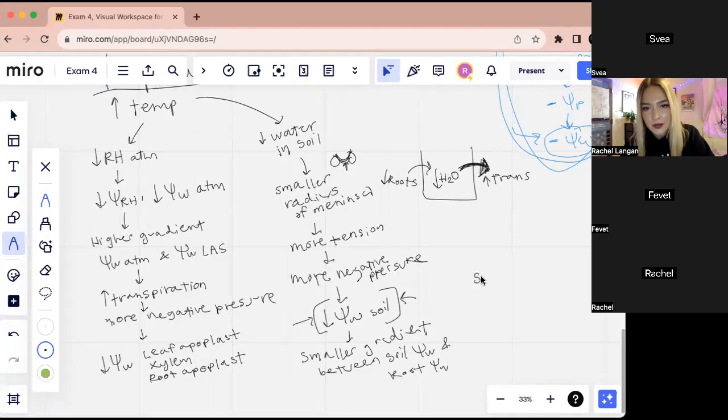Yeah, so if we had soil and root, in order to get movement of water this way, we would want this to be really high water potential, and this to be really low. So if we decrease this, we're decreasing the gradient. If we make this really high, we increase the gradient. Oh, okay, I understand now.